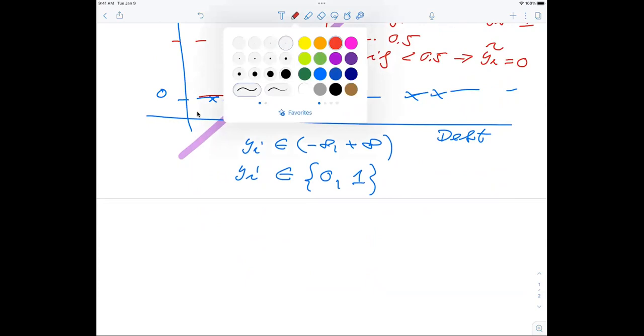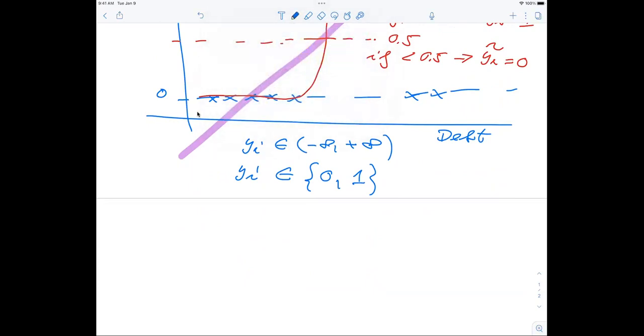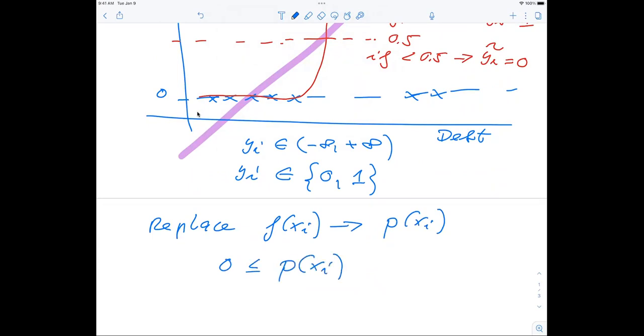So what we are going to do now is to replace this function f of x of i with a probability p of x of i, where this p of x of i is now a function which takes values in a domain from 0 to 1. So we have assumed that it has been normalized, and it's going to play the role of a probability.